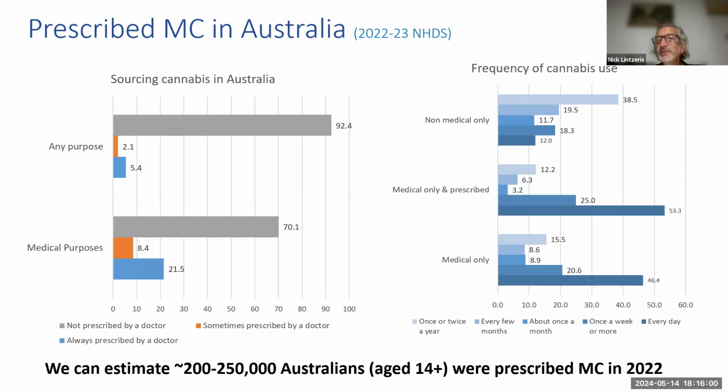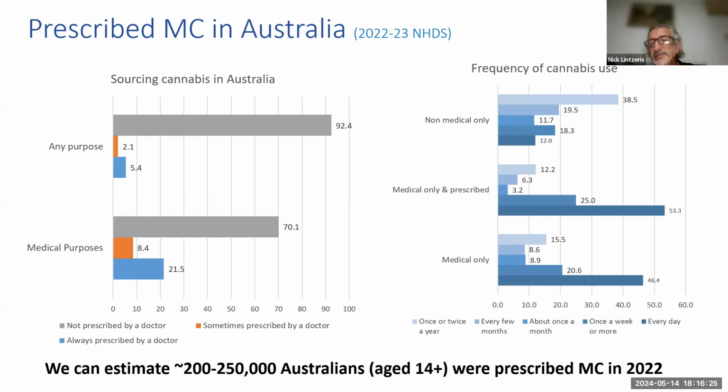And this is really interesting because when you look at the non-medical cannabis users, you can see the vast majority really only dabbled with cannabis, used it once or twice in the year, and another 20% used maybe once every few months. When you look at the proportions using once a week or more, or every day amongst the non-medical users, it's around 30%.